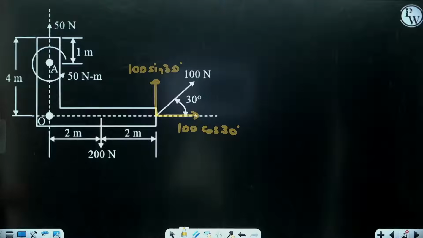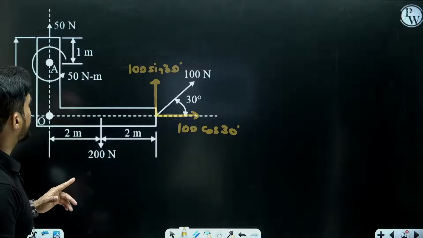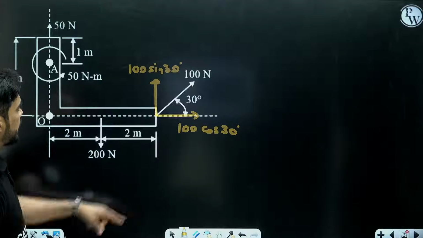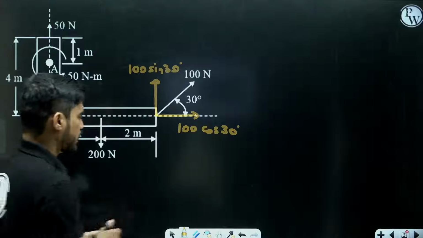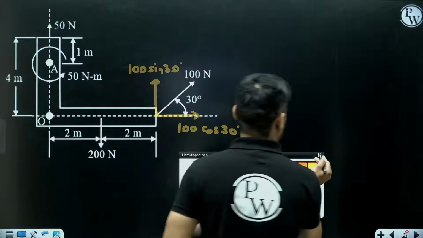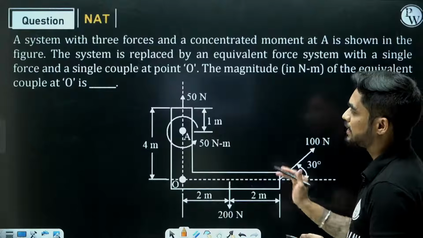Now we will calculate the net moment at point O, and while we calculate the moment, we will consider anti-clockwise moment positive and clockwise moment negative. Okay, it is up to you whatever sign convention you want to assume, because they are asking only the magnitude of the couple.